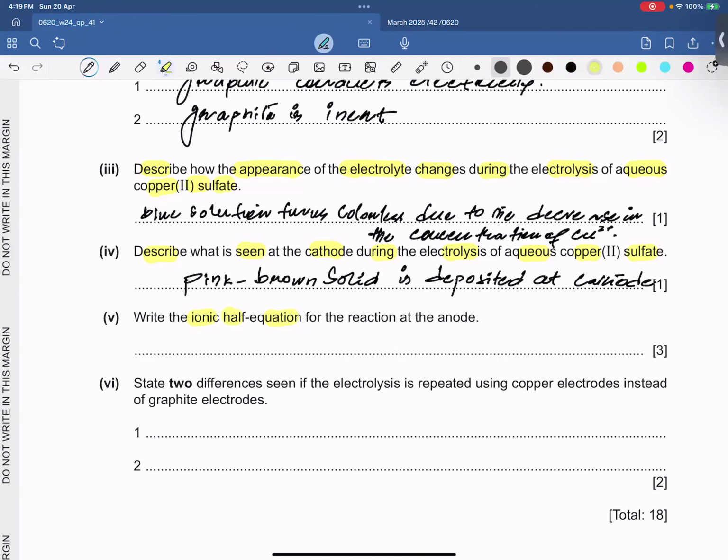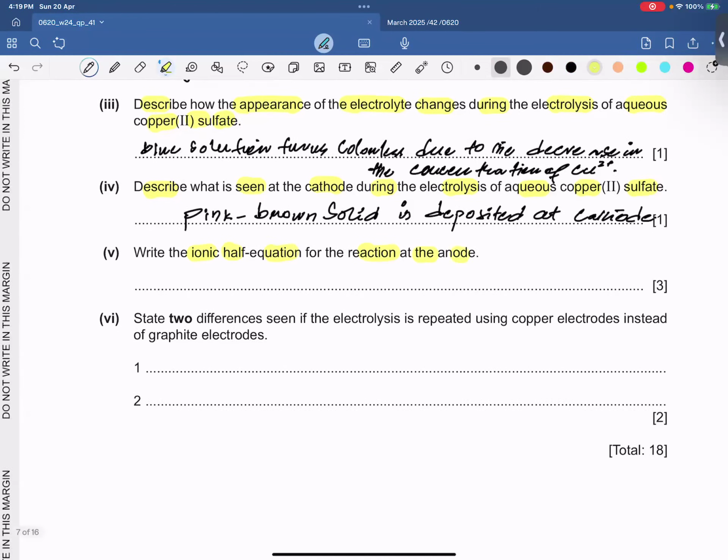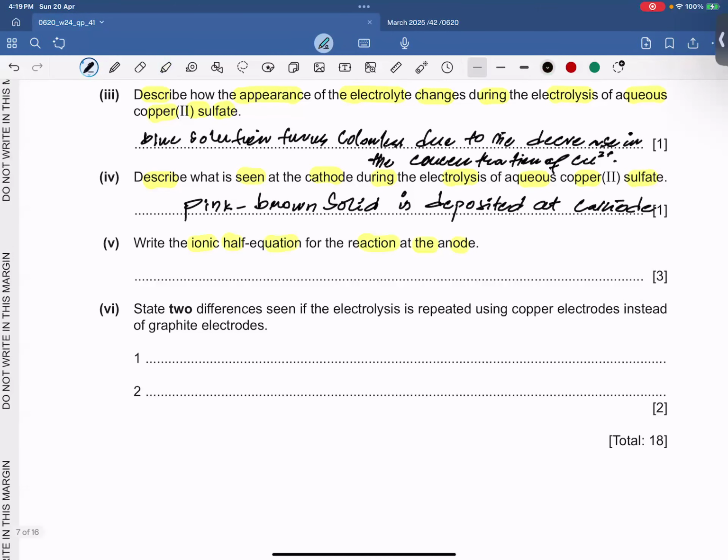Write ionic half equation for the reaction at anode. And obviously hydroxide ions discharge at anode. So oxygen gas is given off. And the equation for this formation of oxygen can be written in this way. All right, we have done that in class.